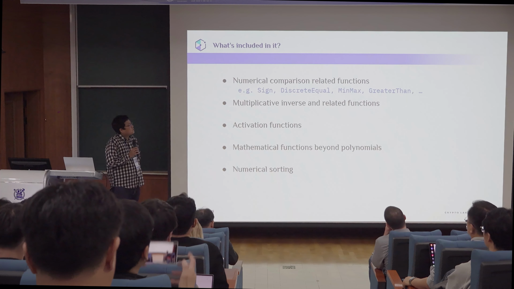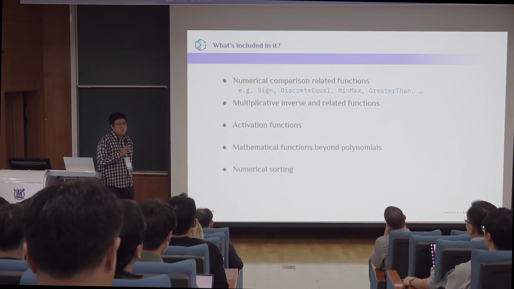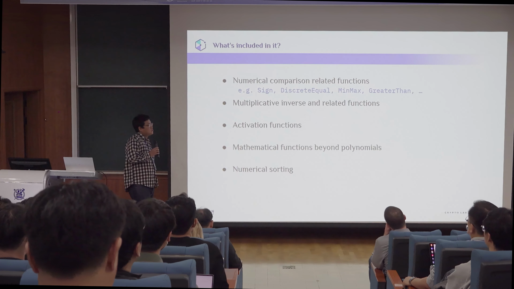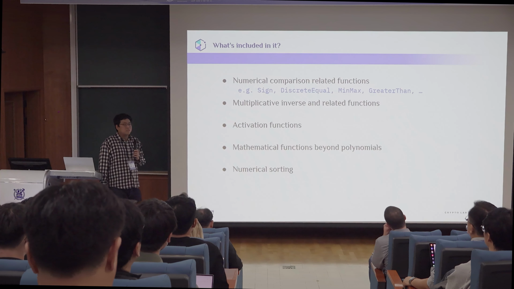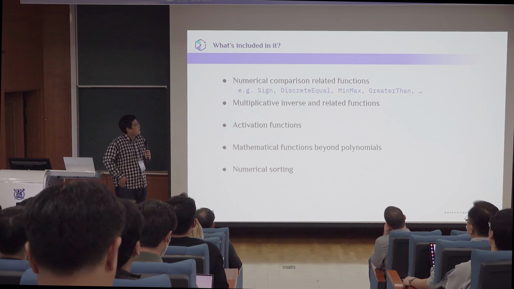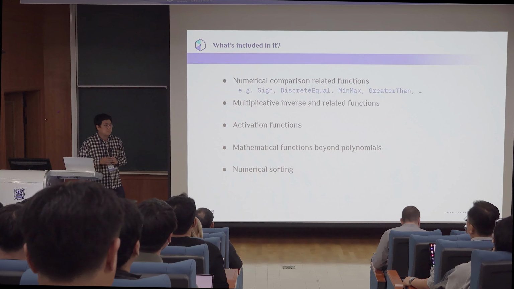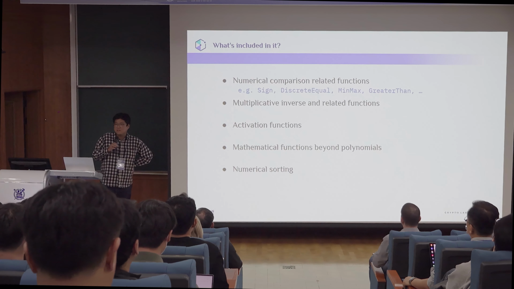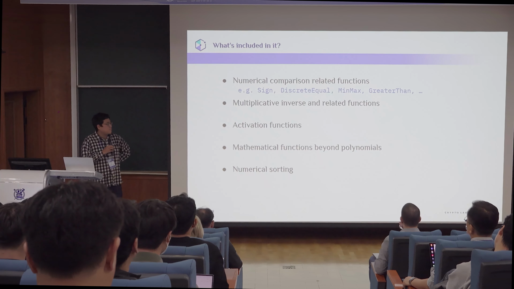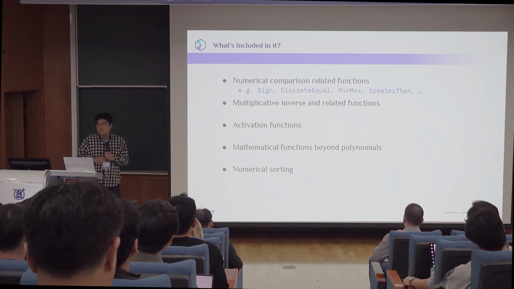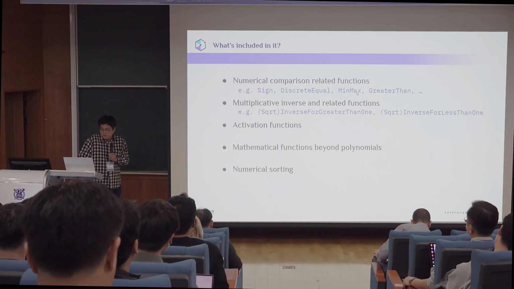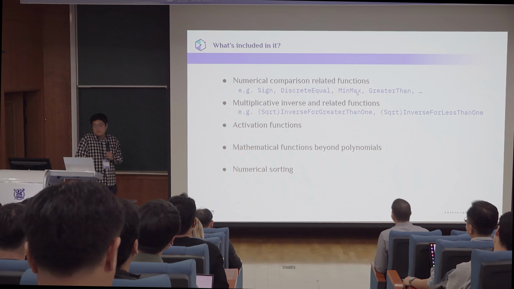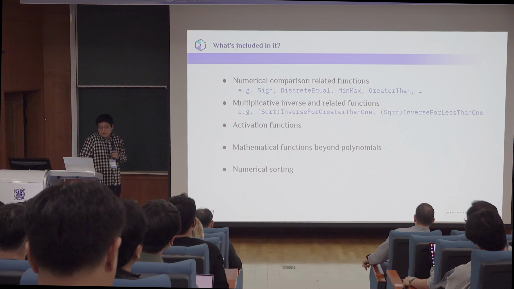Based on the sign function, we can derive other comparison-related functions such as discrete equal, min-max, and greater than. As the names suggest, discrete equal tests equality, min-max gets the minimum and maximum values, and greater than is a comparison operation. There are also two kinds of inverse functions, which I'll talk about later.